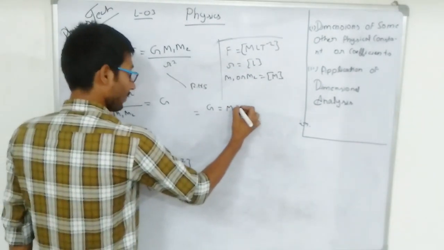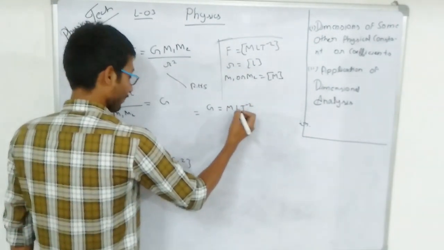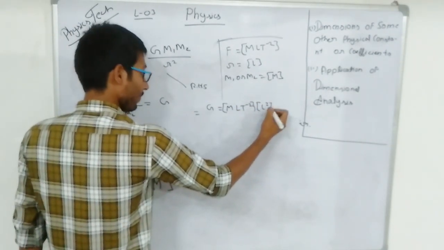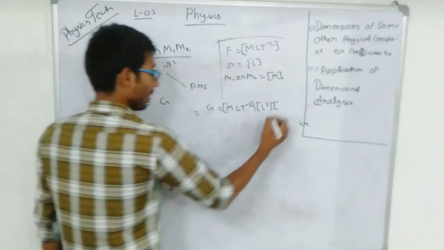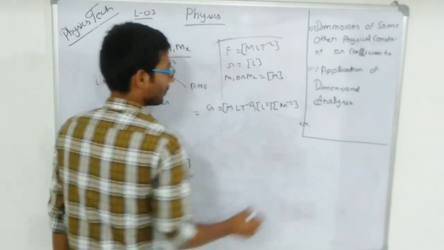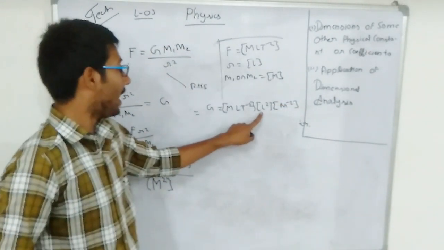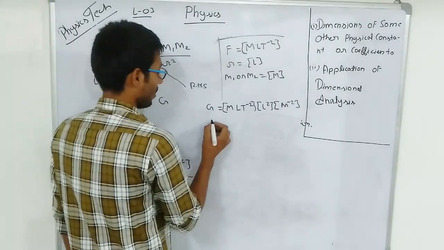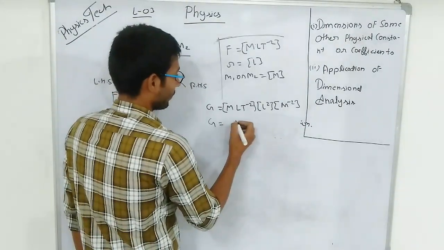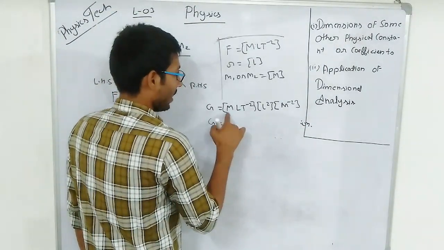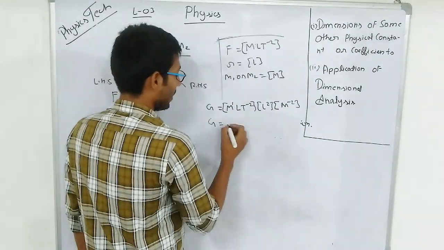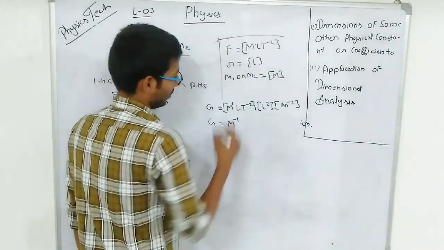M L T base minus 2 into L base 2 into M base minus 2. L base 2 and L base 1 combine, so G is equal to M base 1 and M base minus 2 gives M base minus 1.